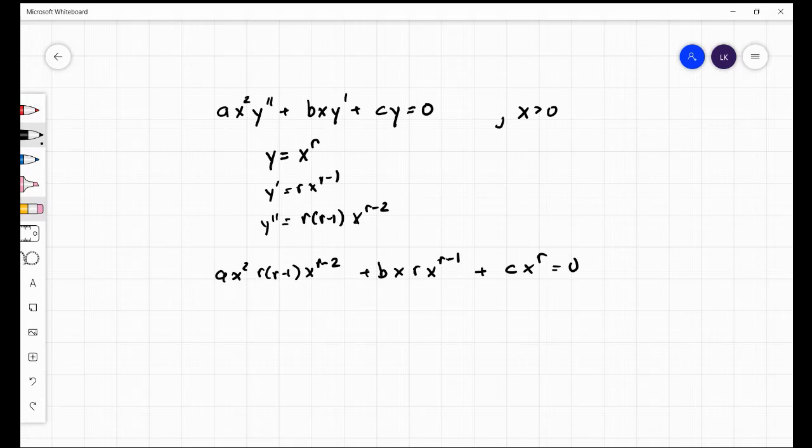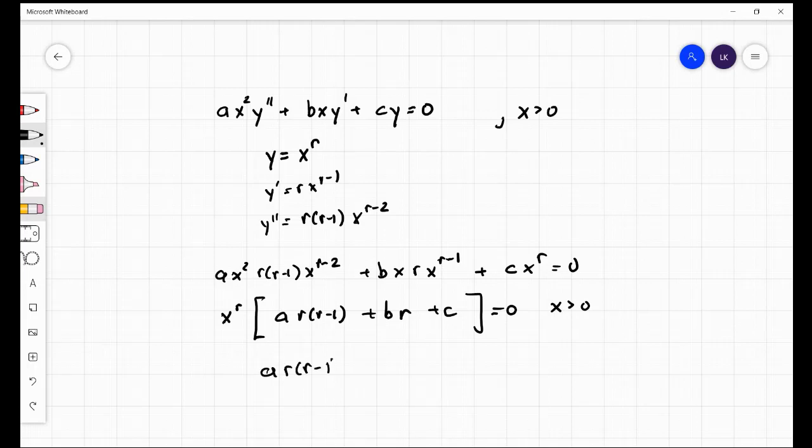And again, if you simplify, you're always going to get an x to the r factor in every term. And since we assume that x is positive, in particular it's not zero, this means that this associated quadratic, this characteristic equation for the Cauchy-Euler differential equation, must be zero.